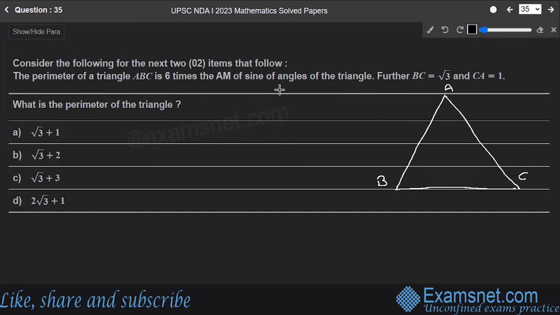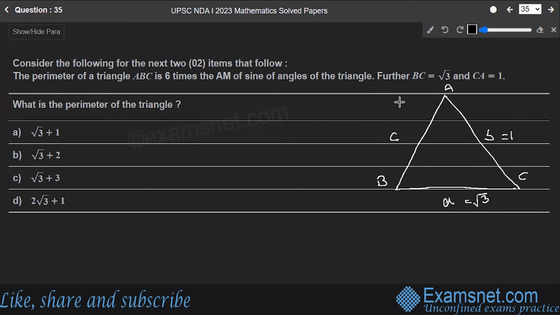Now, you are given the perimeter of the triangle ABC is 6 times the AM of sine of all the angles. Let's assume the three sides to be a, b, and c. It's given AC is equal to 1, so b is equal to 1, and BC is equal to root 3, so a is root 3.